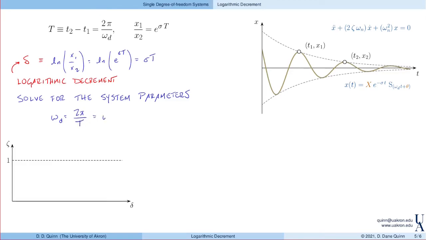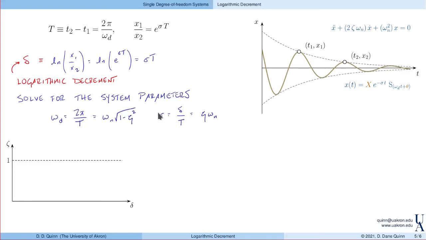And so that's going to be, again, omega n square root 1 minus zeta squared. Sigma is delta divided by t. And of course, sigma is zeta omega n. So I can now reduce this further and identify the natural frequency and the damping ratio.